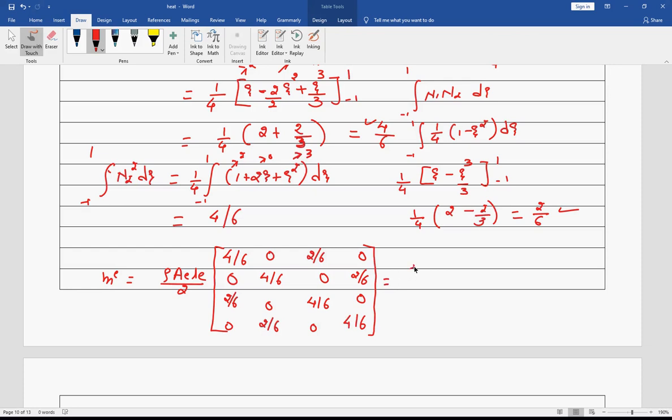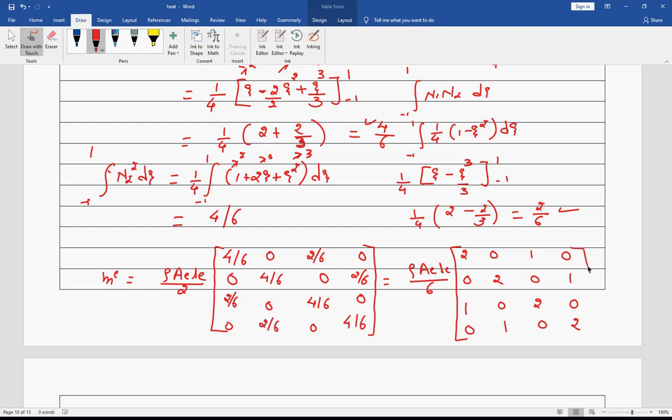This will be equal to rho A LE by 6 times the matrix: 2, 0, 1, 0; 0, 2, 0, 1; 1, 0, 2, 0; 0, 1, 0, 2.